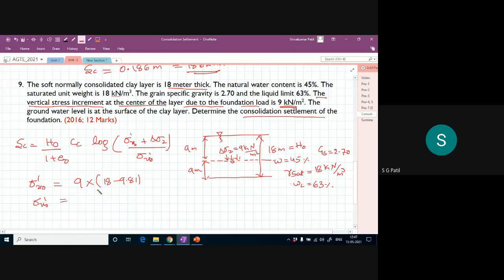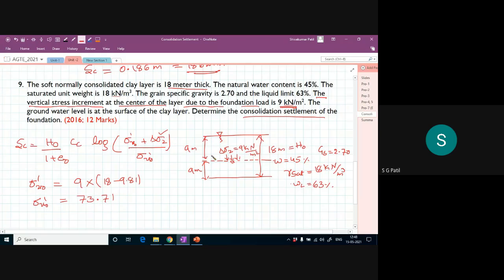What is my initial vertical stress? Sigma V naught dash, so 9 into my submerged unit weight. How much? 73.71.